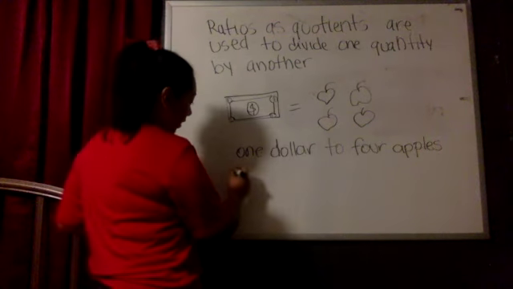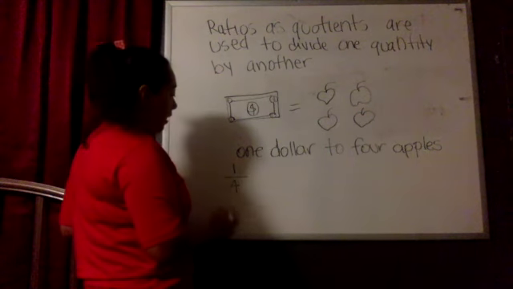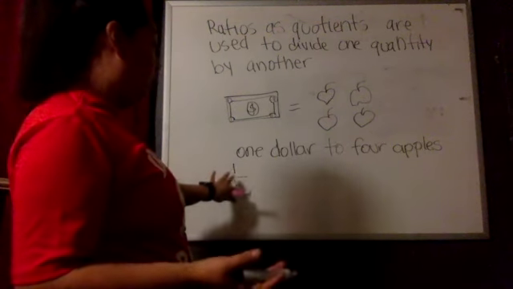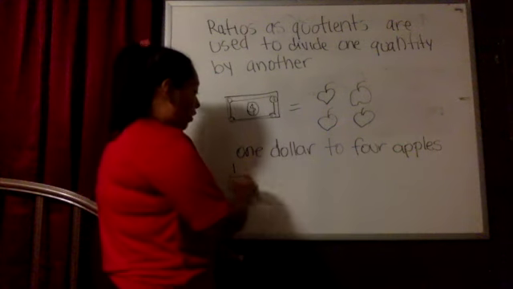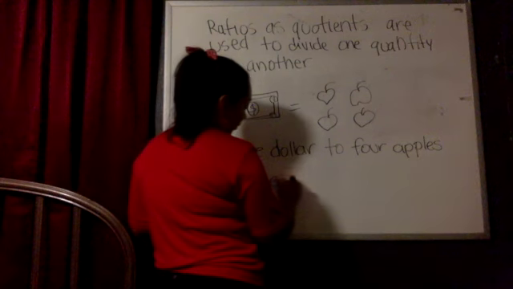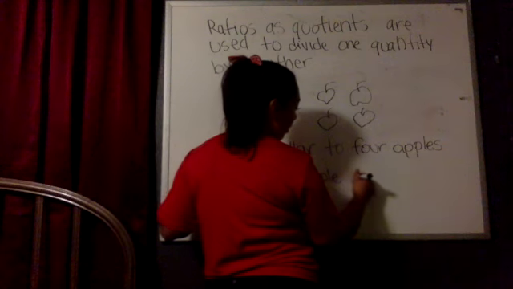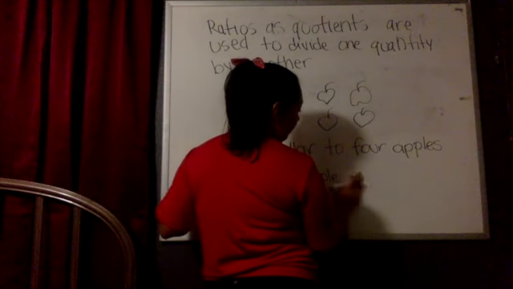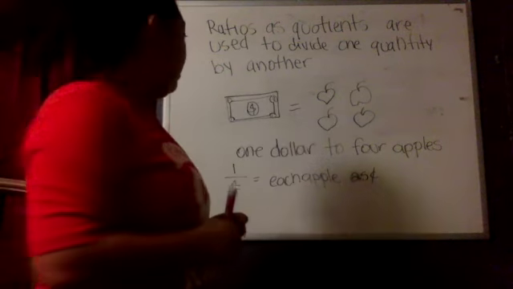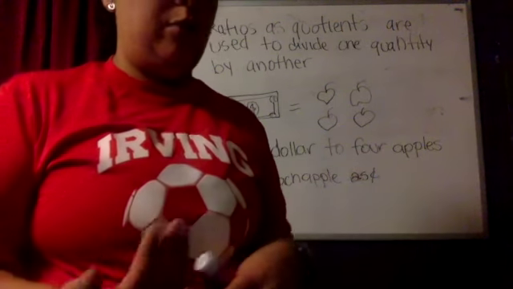Or we can do it as 1/4. Now, if we do this as a division, we know $1 is 100 cents. So if we divide $1 by 4, each apple will be worth 25 cents. So that's what the ratio of money to apple would be.